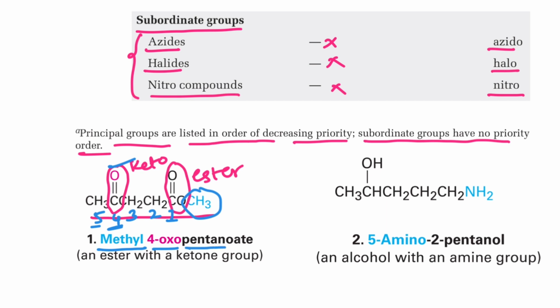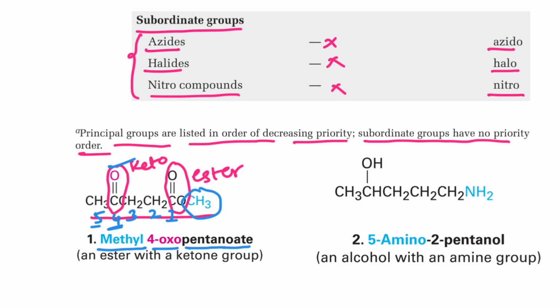For the ester, the suffix is oate, written as one continuous name, but here there is a gap because this is a salt-type compound, so it has a two-word name: methyl 4-oxopentanoate.